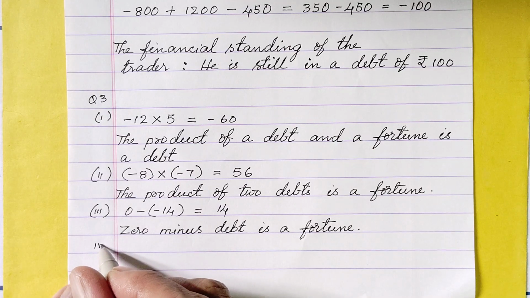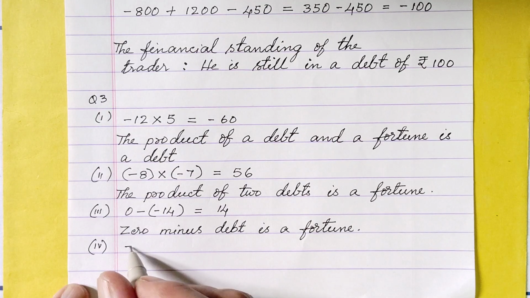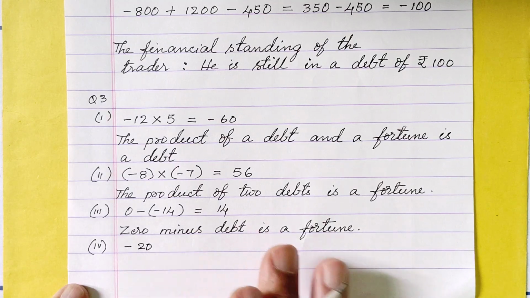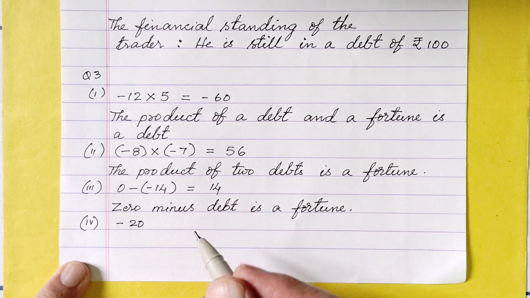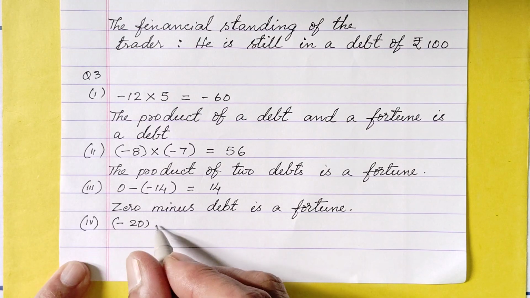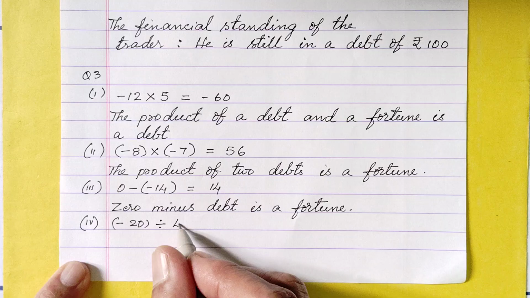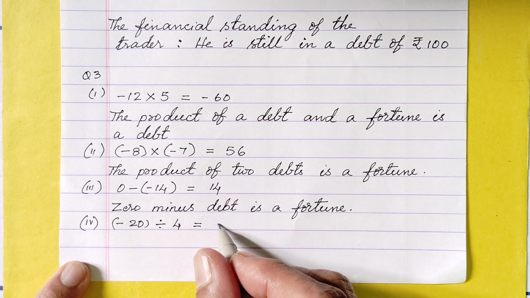Fourth one, minus 20 divided by 4. So we will get minus 5.